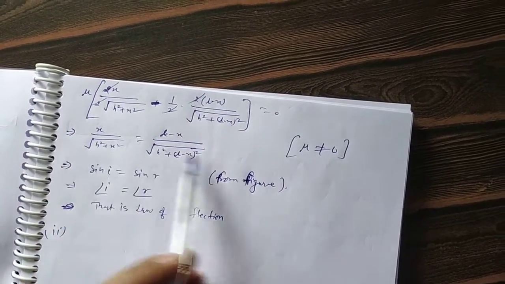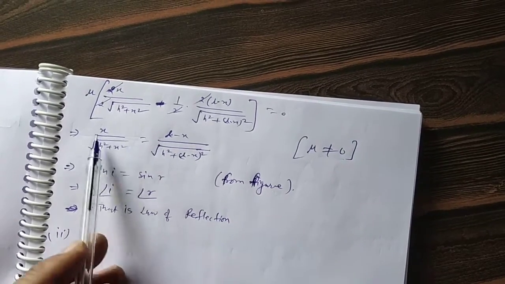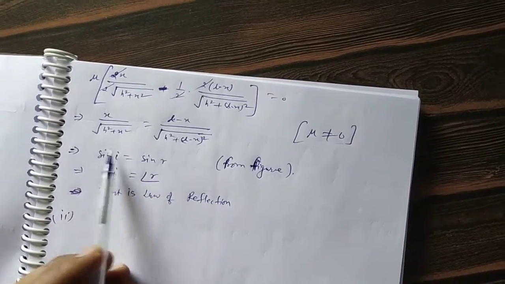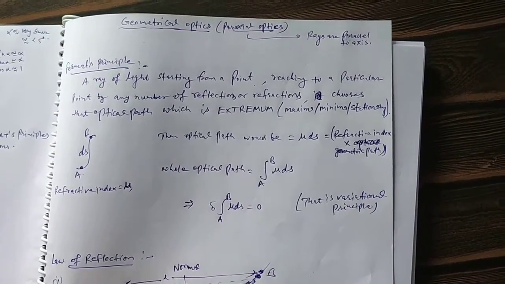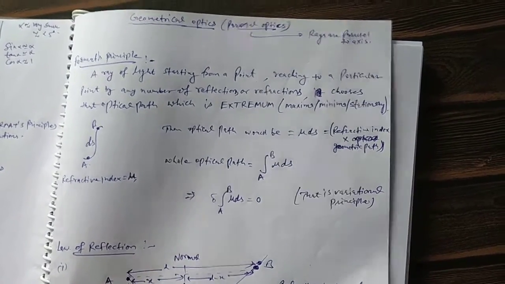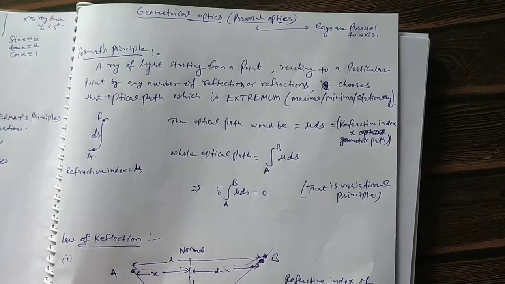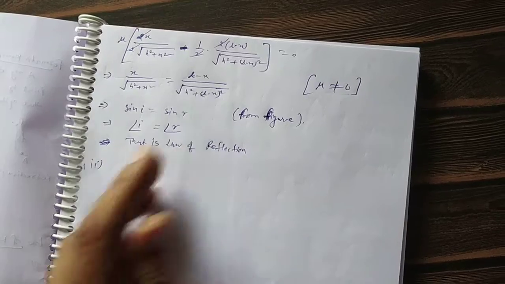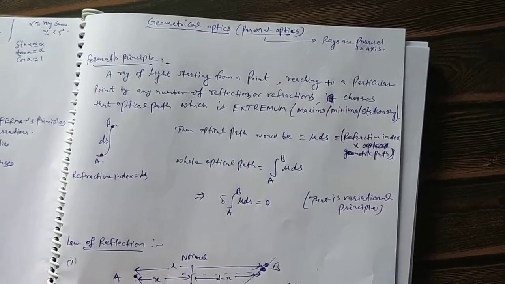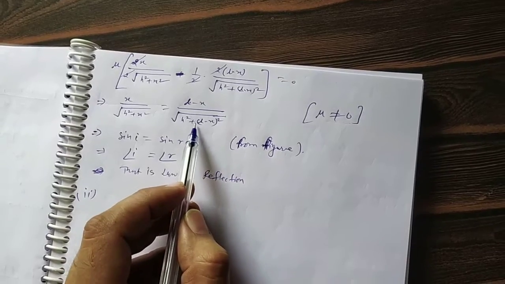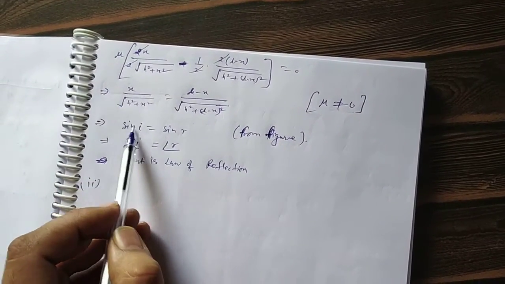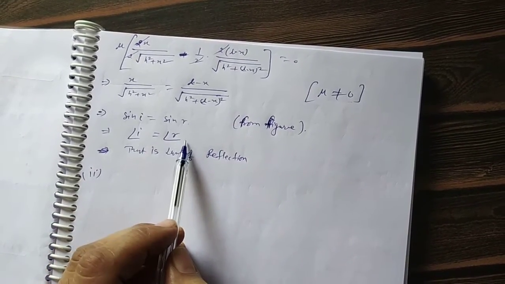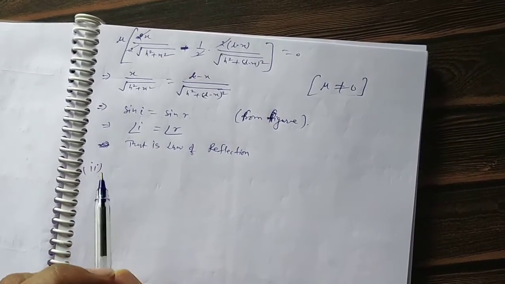Now solving this, since mu cannot be 0, this term should be equal to this term, and from the figure this is sin I, which means sin I is equal to x upon the square root of h square plus x square. Similarly, sin R is equal to L minus x upon the square root of h square plus (L minus x) square. This can be written as sin I equals sin R, which means the angles I and R are equal. This is called the law of reflection.